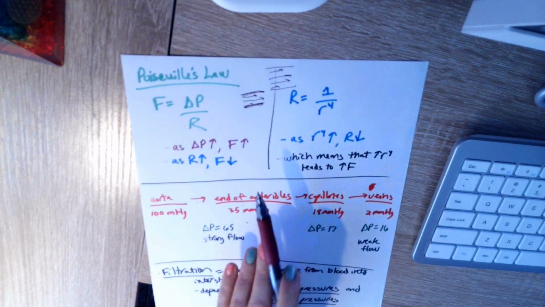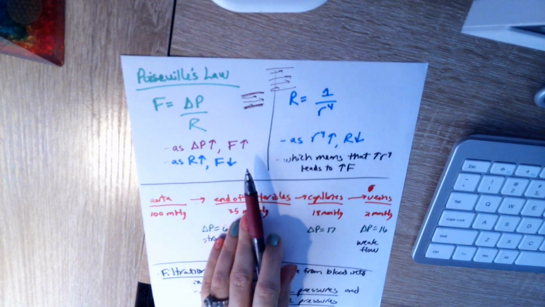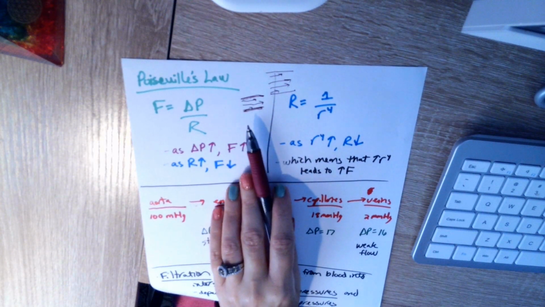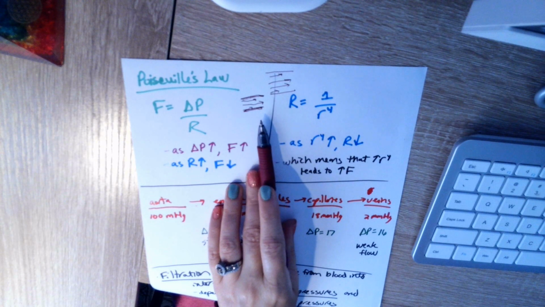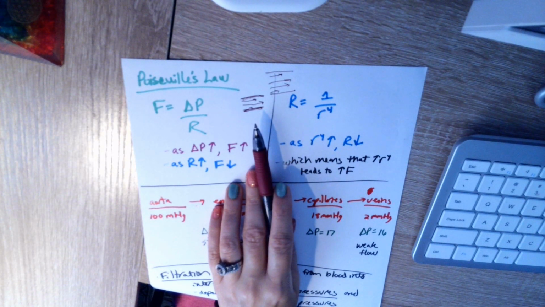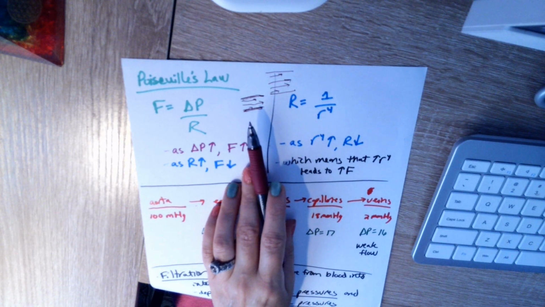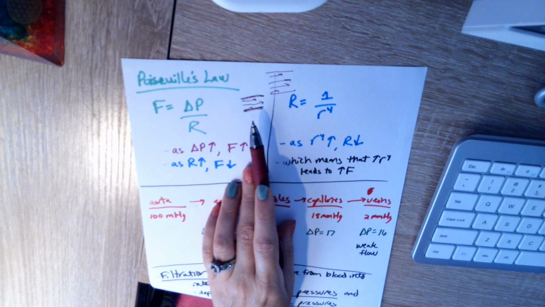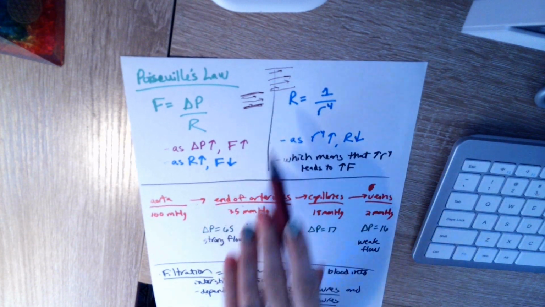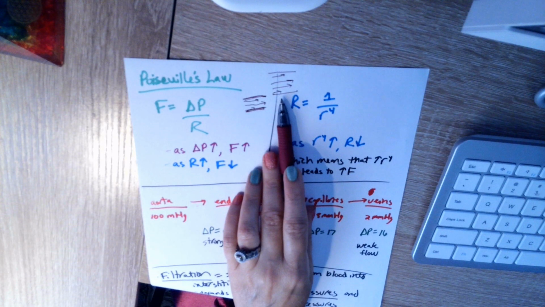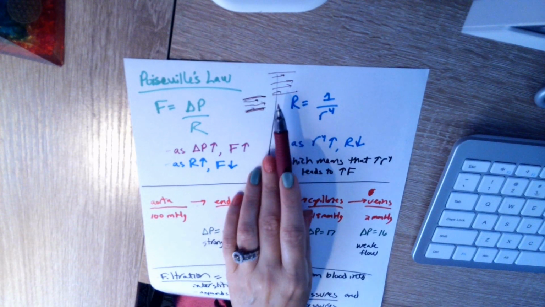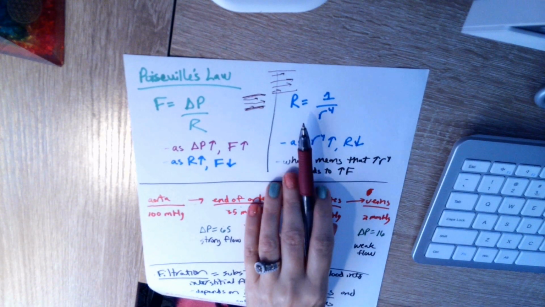If you have this long skinny hallway, a lot of you are going to be pushed up against the walls, dragging and not being able to move so fast, and the longer it goes, the harder it's going to be to get all those people down that hallway. But if you have just this real wide, short hallway, everybody's just going to be able to pass right through. So it's the same idea with blood.